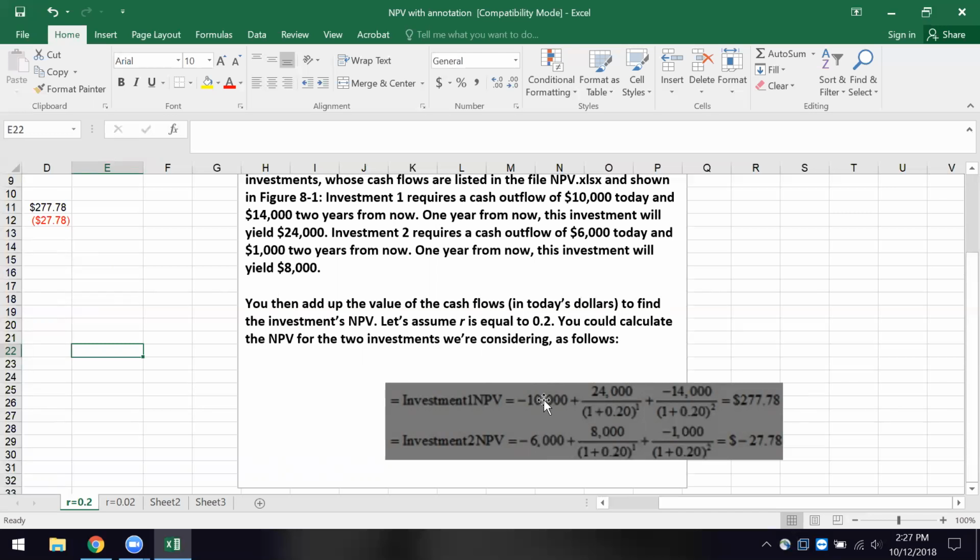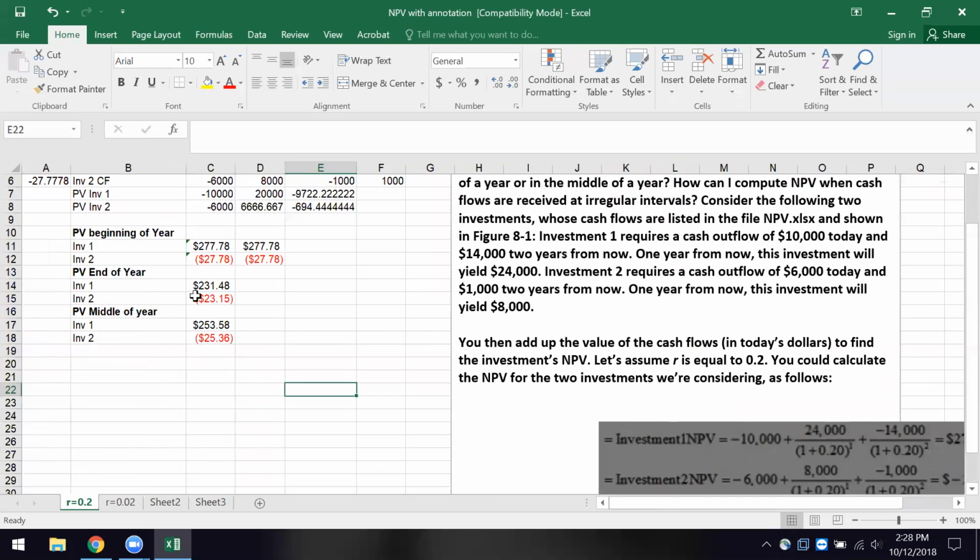Notice we start with the initial investment, and then we start with the cash inflow or outflow, and that's divided by 1 plus the interest rate to whatever power, to n power, and the n is year one or period one, period two, etc.